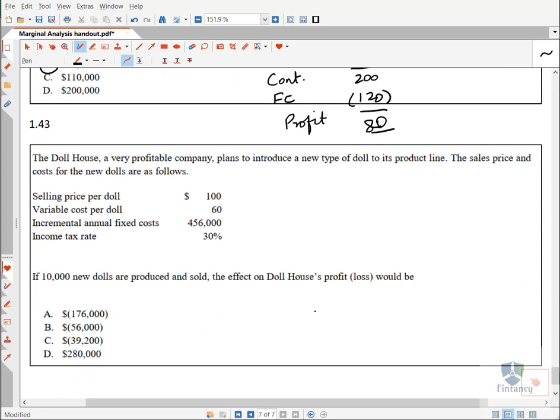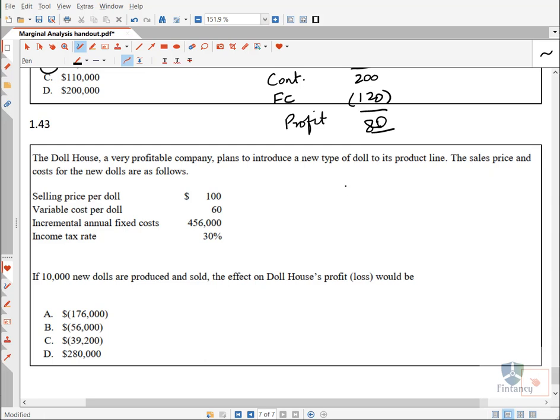So 143, last question, then we will close the class. If 10,000 new dolls are produced and sold, the effect on doll house profit or loss would be? So the company, which is very profitable, plans to introduce a new type of doll. The sales price and cost are as follows. So we need to get the profit or loss.